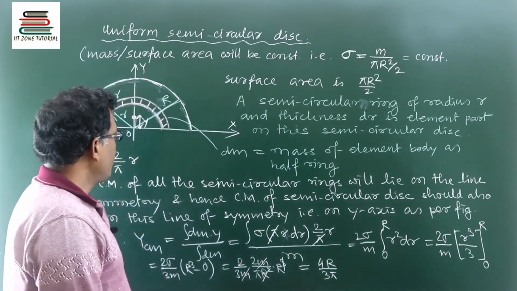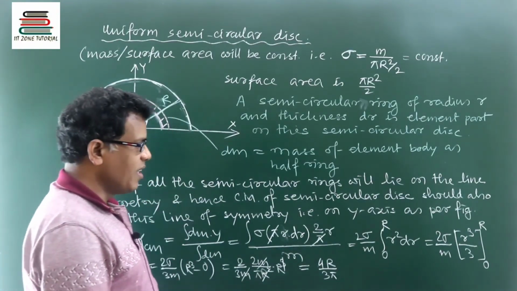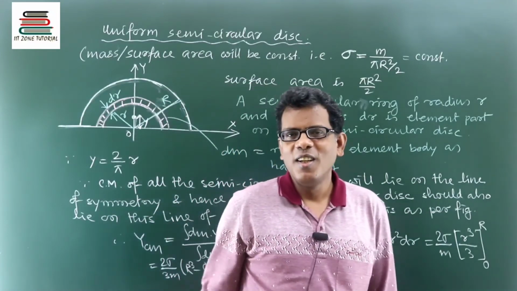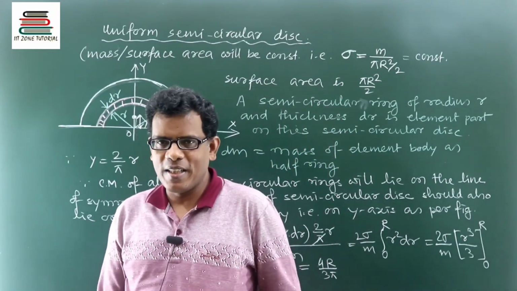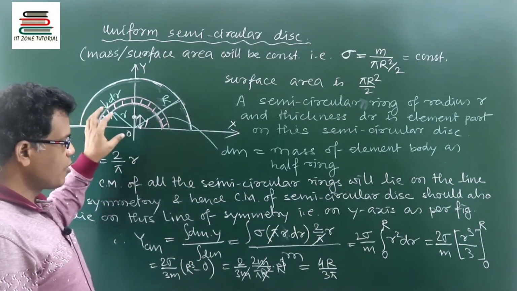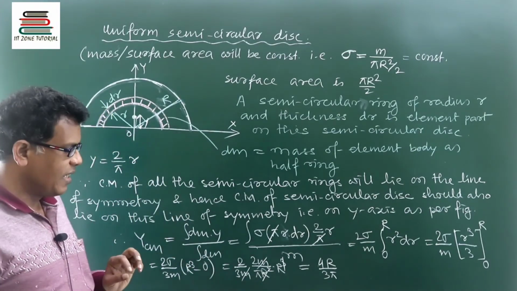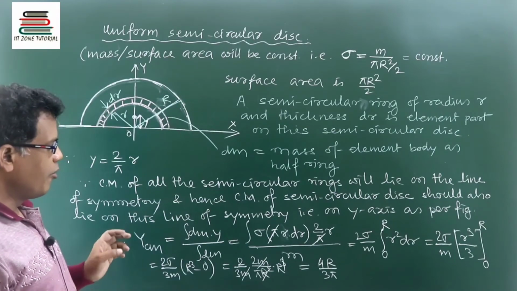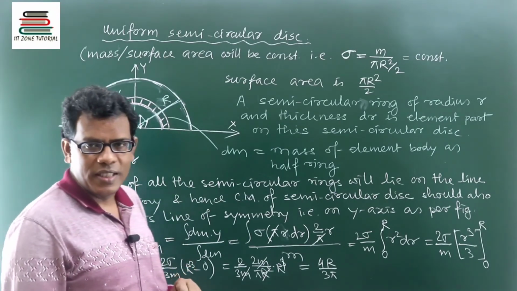So again we are getting that the center of mass of the semicircular disc will lie on the line of symmetry, but this time at a different distance from the center. Previously it was 2 by pi times the radius, this time it is 4 by 3 pi times the radius.